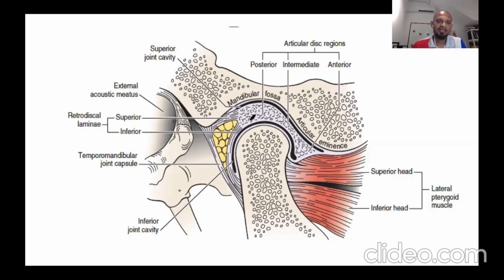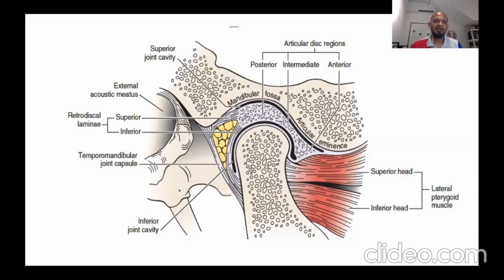Now when we look at the posterior aspect, the disc is attached by a ligament, known as the retrodiscal lamina. As an extension, the superior part gets attached to the temporal component around the mandibular fossa, and then you have the inferior part of the lamina which attaches to the mandibular component.